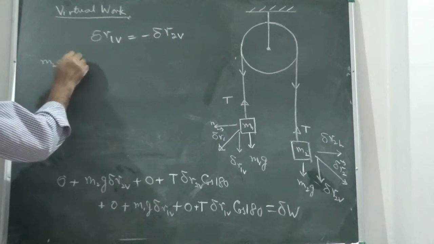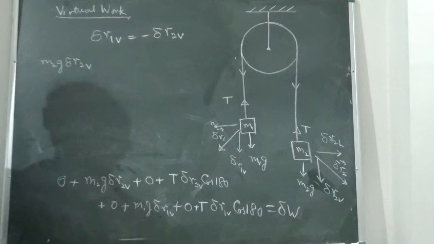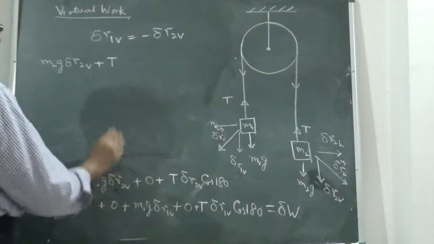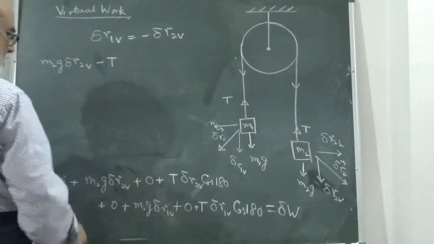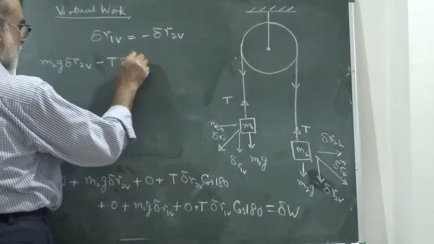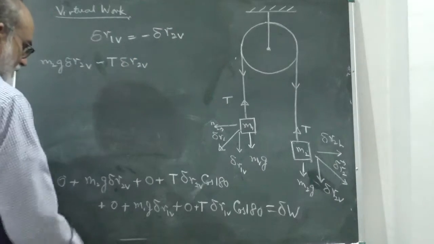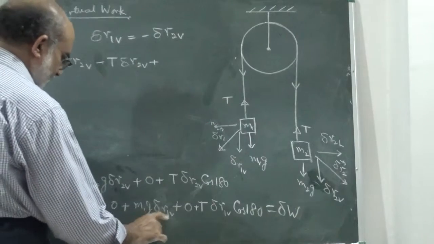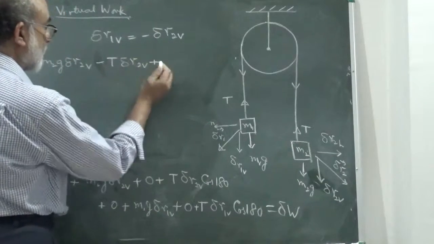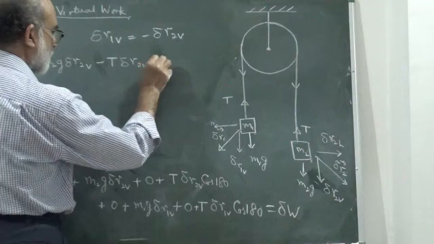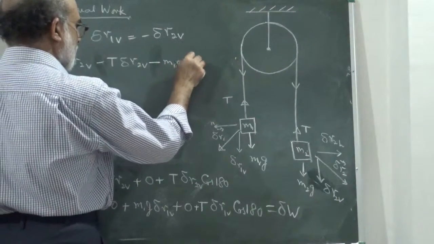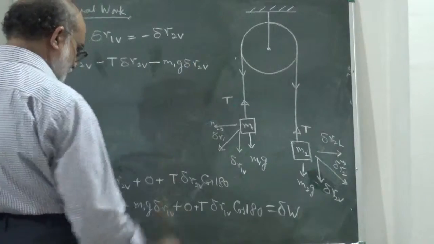So it will be M2G delta R2V plus T, this is 180 degrees, so it is again minus T delta R2V, plus M1G delta R1V, which is minus delta R2V. So it is better to write minus here: minus M1G delta R2V.